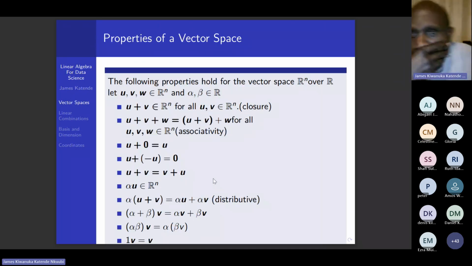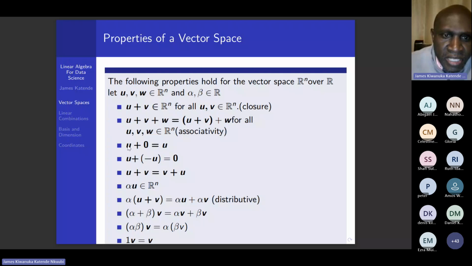So in general, like I told you, there are many other properties that are satisfied by a vector space over the real numbers. In this case, we are considering this specific vector space Rn. There are many other types of vector spaces that don't look like Rn at all, but we shall not look at them.